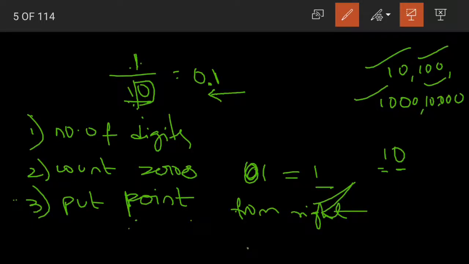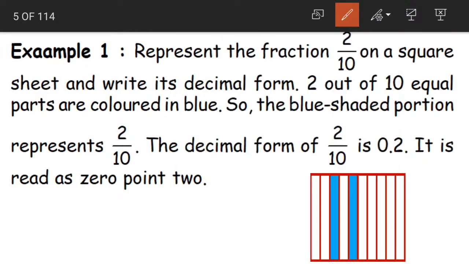After how many digits? It depends on the number of zeros in the denominator. Here we have 10 in the denominator, so after 1 digit from the right, we place our decimal point. That is how the value of 1 by 10 is nothing but 0.1. The decimal form of 1 by 10 is 0.1.